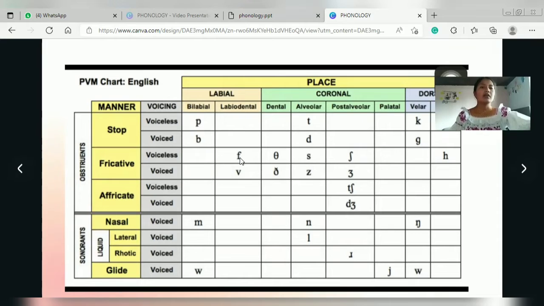These sounds are produced in the front of the mouth. This is a bilabial sound, and the f sound is labiodental because we use the tongue in front of the dental.